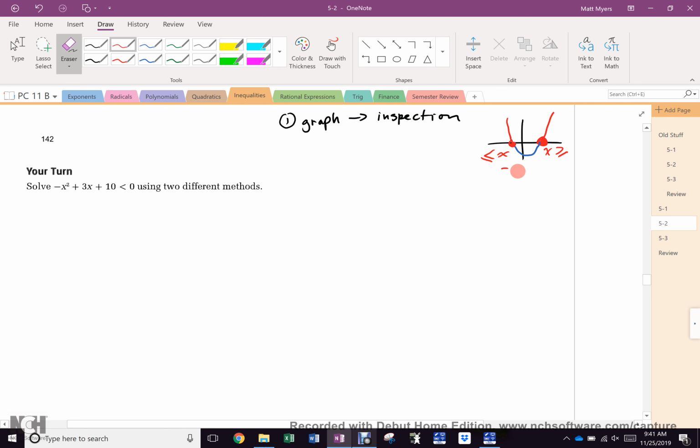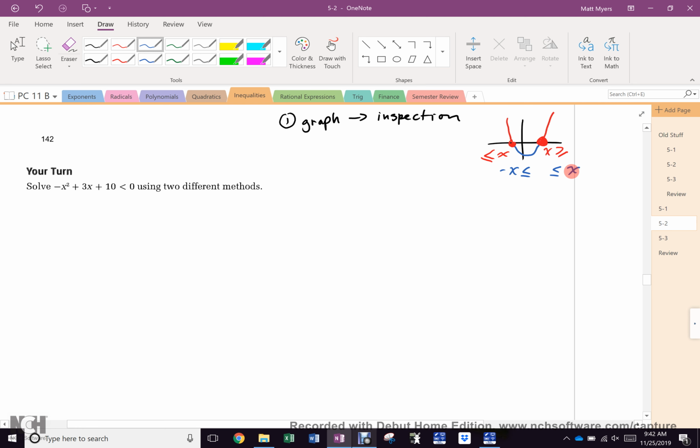That should be in blue. Negative x, and since it's colored in, less than or equal to, and then less than or equal to the positive x.